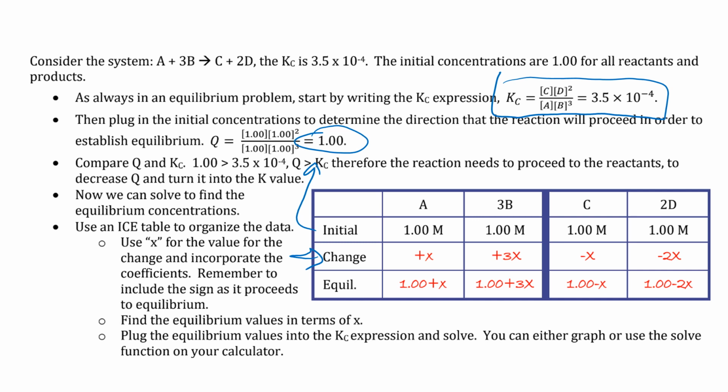Notice the switch. The products are decreasing by some value of x depending on the stoich coefficient in the front, and then by adding it to the reactants, you're shifting it towards equilibrium because Q is greater than K. Then you can solve using your calculator.